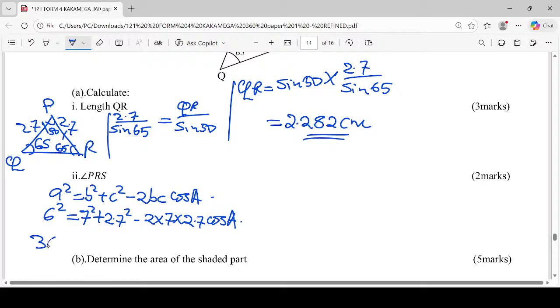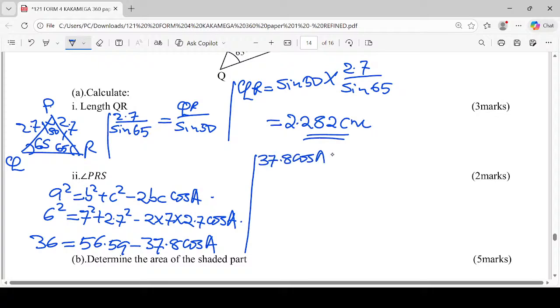So this is 36 is equivalent to 7 squared plus 2.7 squared, that is 56.59, minus 2 times 7 times 2.7, that is 37.8 cos A. So when you collect the like terms, you are going to have 37.8 cos A being equivalent to 56.59 minus 36.